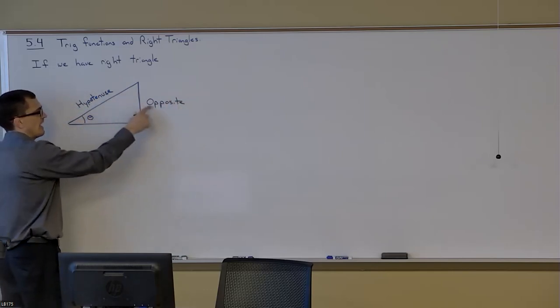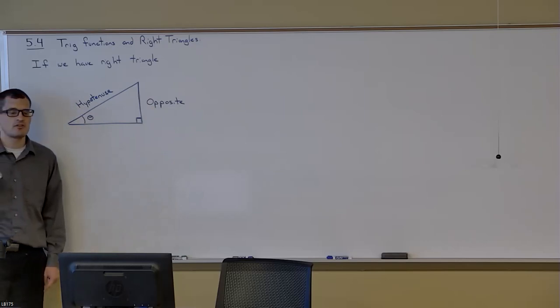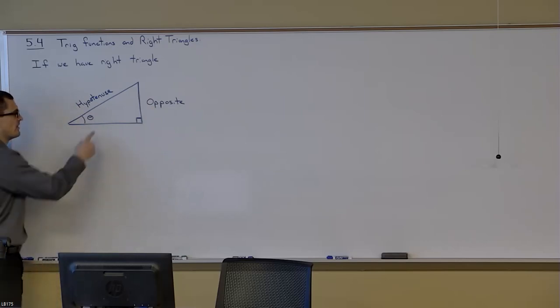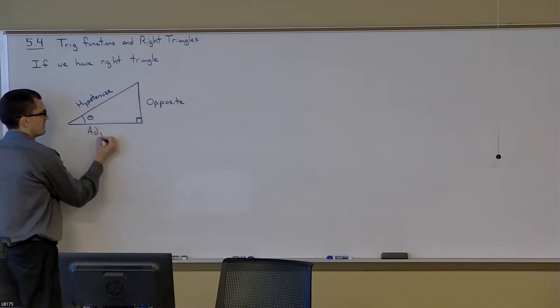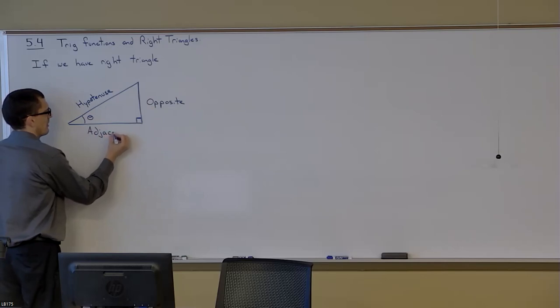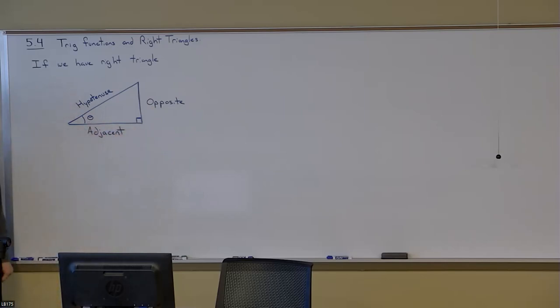So it's the opposite, and by opposite, I mean opposite of angle theta. This leg is the leg that's adjacent to angle theta. So we have the opposite side, the adjacent side, and the hypotenuse. The opposite leg, the adjacent leg, and the hypotenuse.